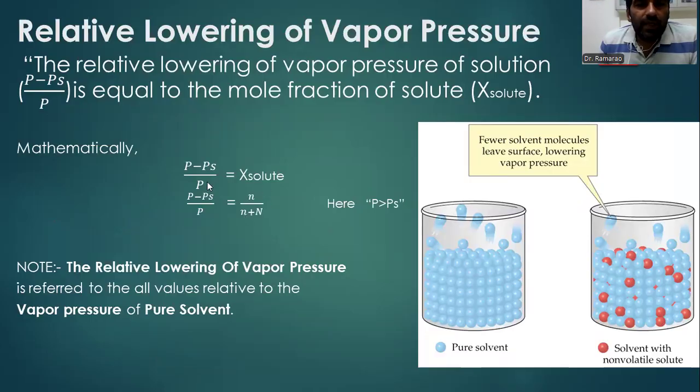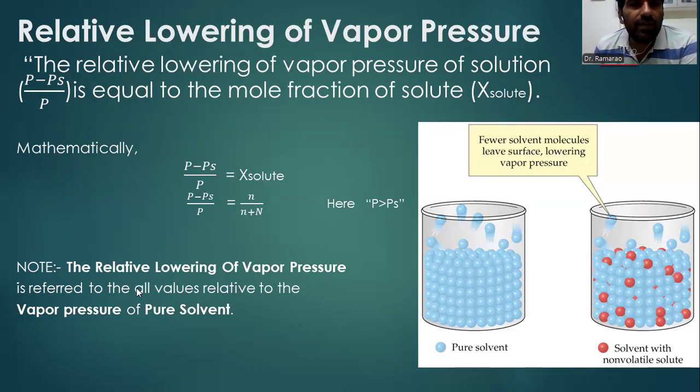Mathematically, (P minus PS) by P equals the mole fraction of the solute, X solute, which is (P minus PS) by P equal to small n by small n plus capital N, where small n and capital N are the moles of solute and solvent.